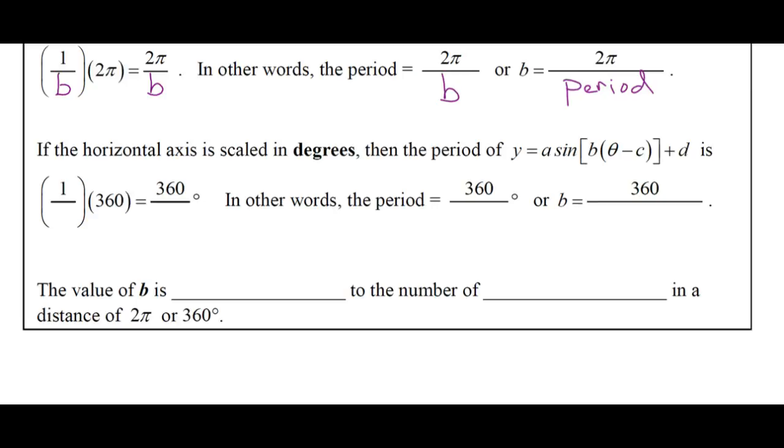Looking at a graph, if you can identify the period from the graph, you can get the B value, right?